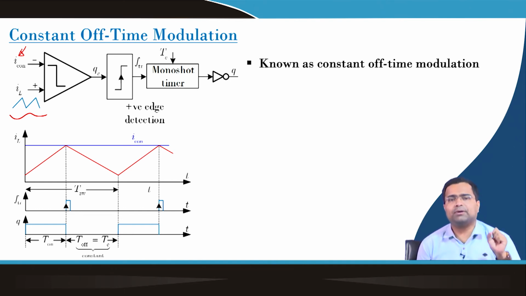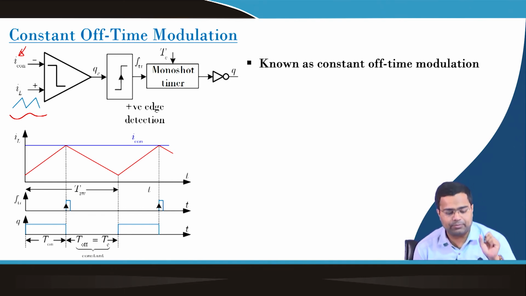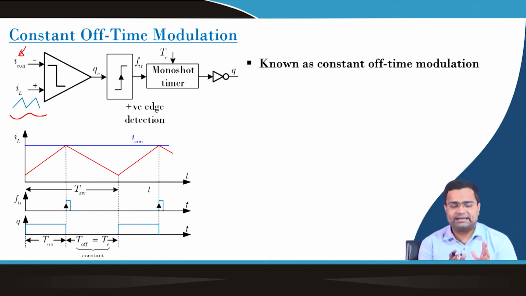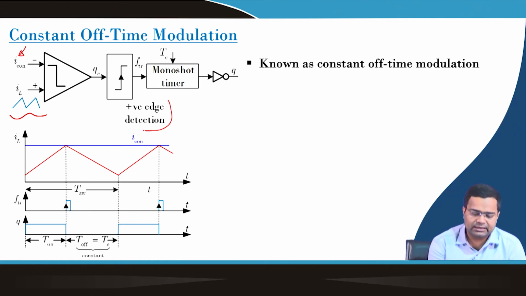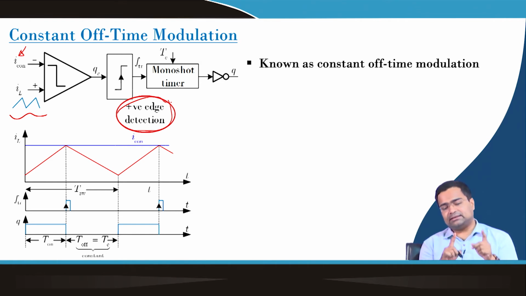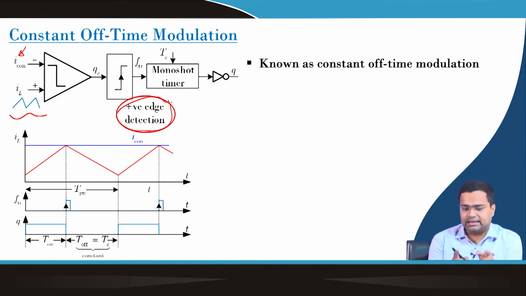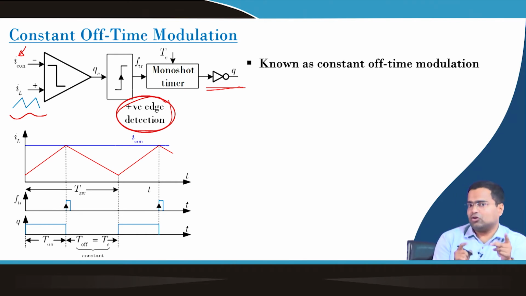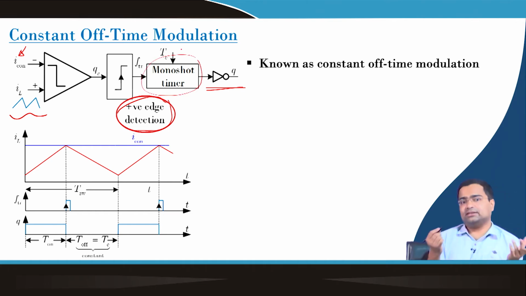At the output of the comparator we are placing a positive edge detection circuit, and this edge acts as the input to the monoshot timer. Here we are inverting that because we are using this as an off time, not the on time. So, we have to turn off the switch as long as this monoshot timer is high.